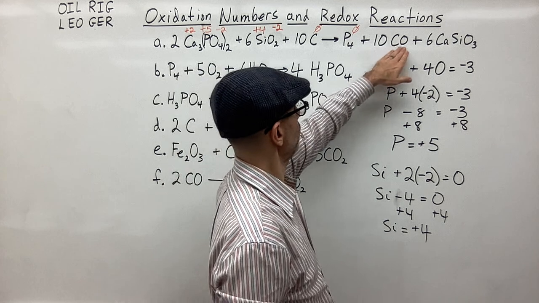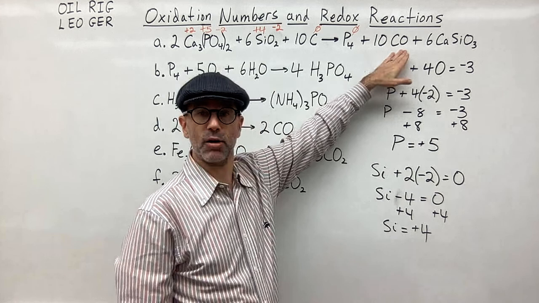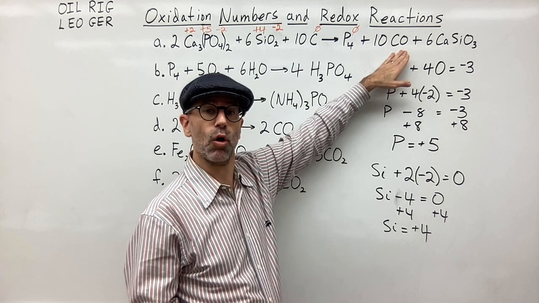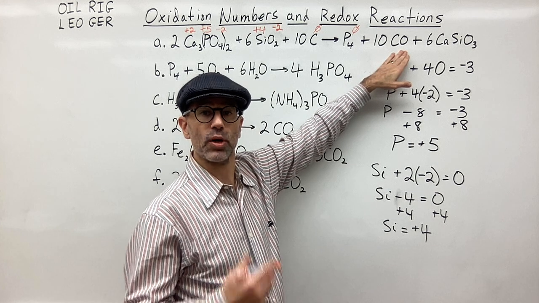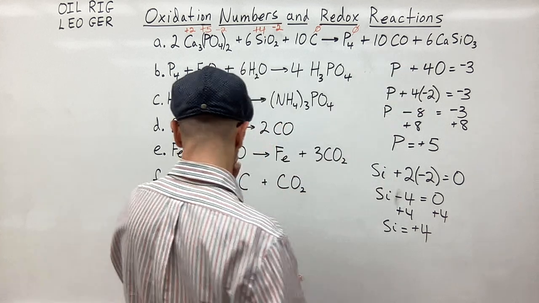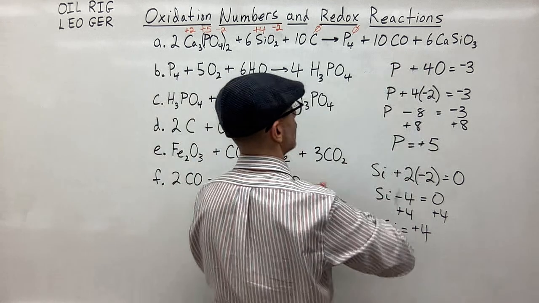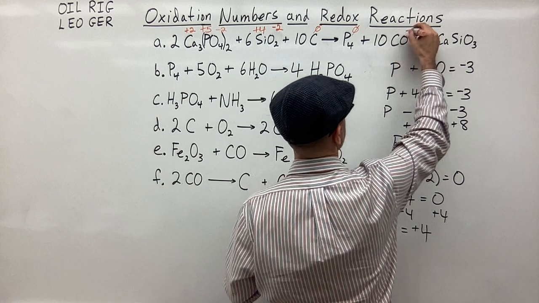Here we get carbon and oxygen together. So again, we have a compound, carbon monoxide. It's at 0 overall charge. So we're going to start with oxygen because that takes precedence. And so the oxidation state of oxygen is going to be, again, -2.